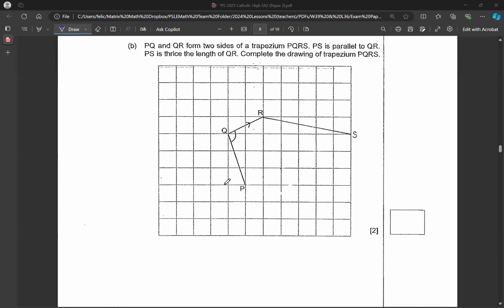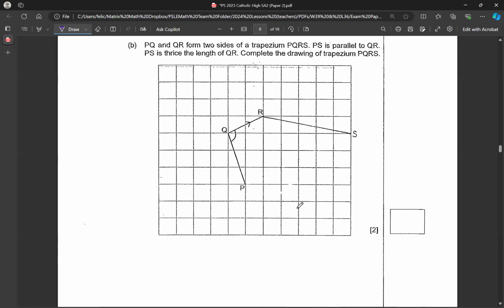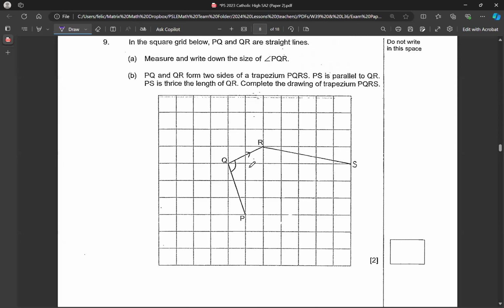If you have measured and written down, your answer should be 100 degrees. It shouldn't be less than 100. It should be slightly above 90 degrees because if you see the angle, you can tell it's more than a right angle already.